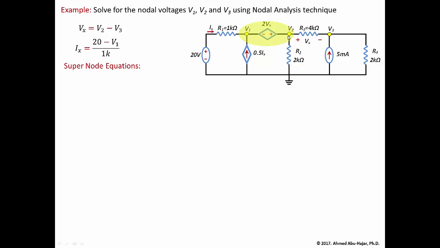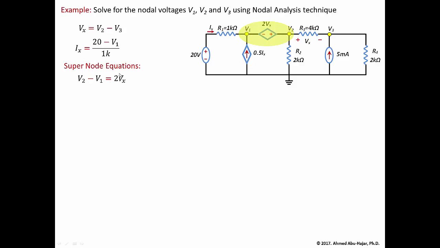Then clearly V2 minus V1 equals this voltage source, which equals 2 times Vx. So V2 minus V1 equals 2 times Vx.